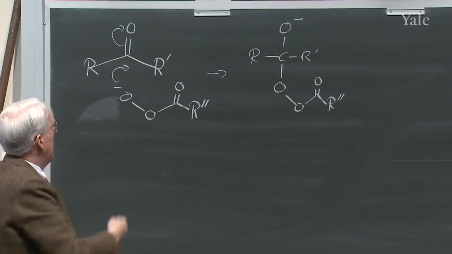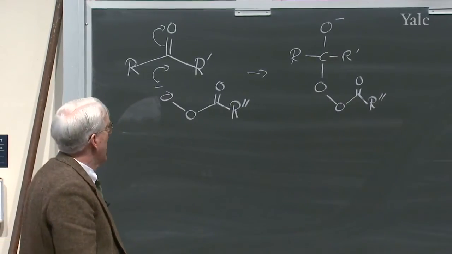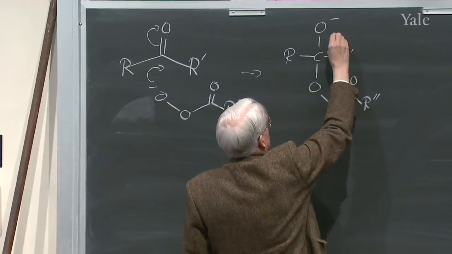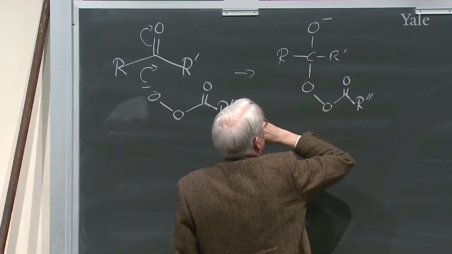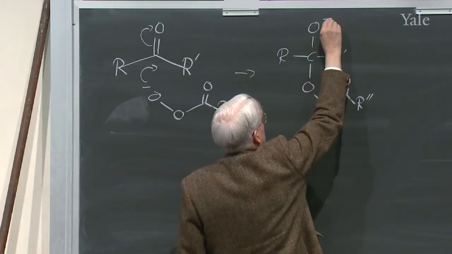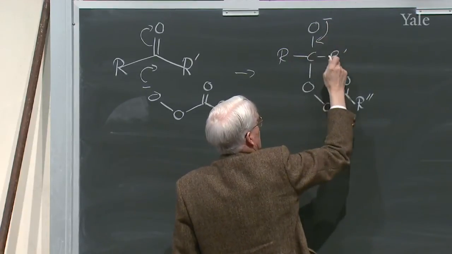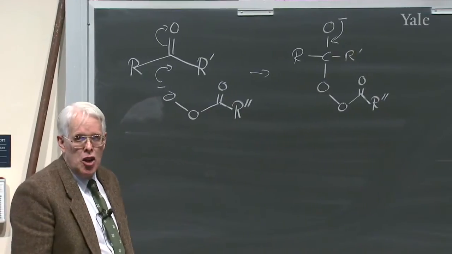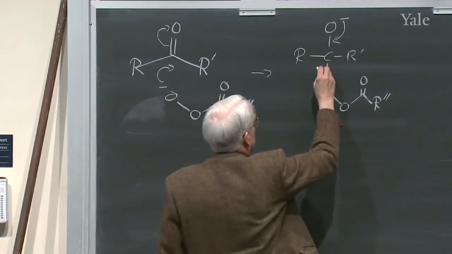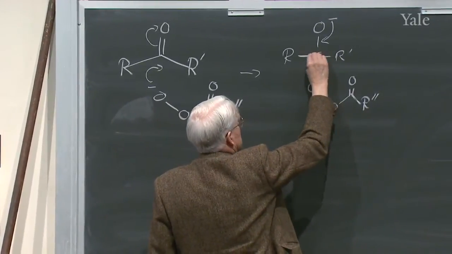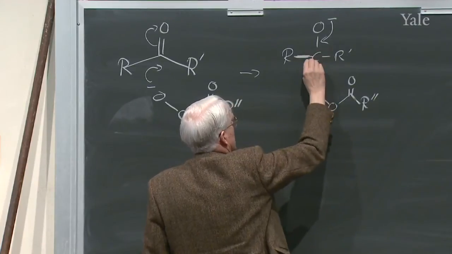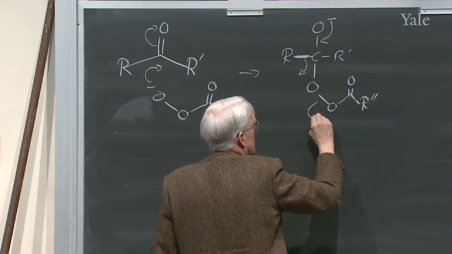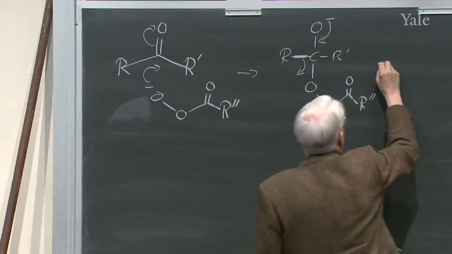Okay, we could add the acid and make the analog of a hemiketal, but instead, we don't have a leaving group here that we can leave. It looks like the only leaving group is that, but there's a fancy way to do it, which is this can make these electrons of high energy. So we can use those electrons to displace the leaving group.